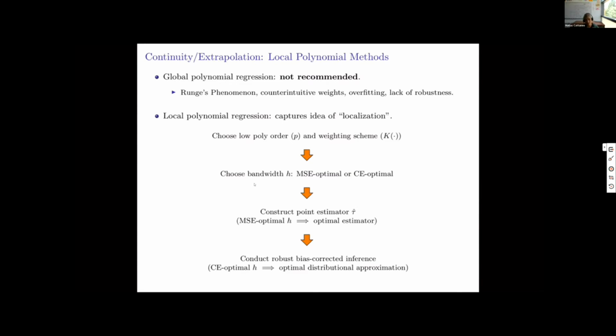And one way to answer that question is by looking at the errors that you make, but not in terms of mean square error for point estimation, but in terms of discrepancies between the sampling distribution of your statistic, typically a t-test of sorts, and its limiting distribution.